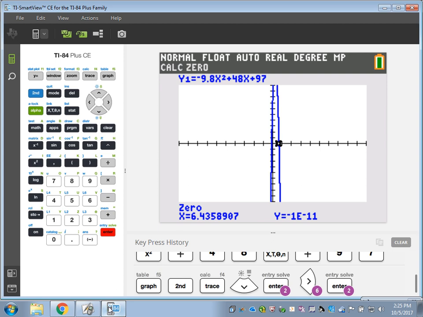Now, this one's a little bit more squashed per se, at least along our x-axis, so we can kind of see a little bit more. I know it's kind of hard to see. Is this curve concave up or concave down? Concave down. Negative acceleration graphs are going to be concave down. Positive acceleration graphs are going to be concave up. Okay? So we go ahead and we do that. We start off with a positive value for our left bound.